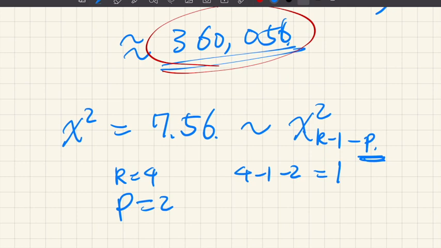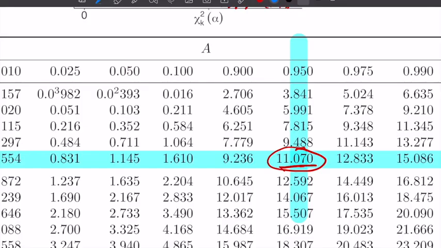So after all, this chi-square statistic approximately follows the chi-square distribution with 1 degree of freedom. Let's look at the table.